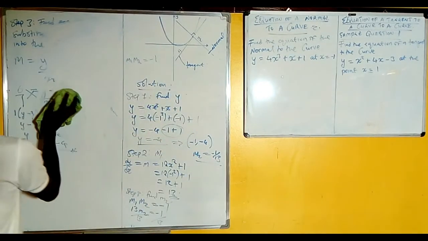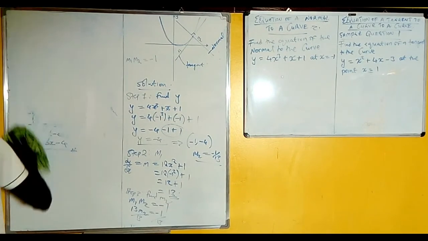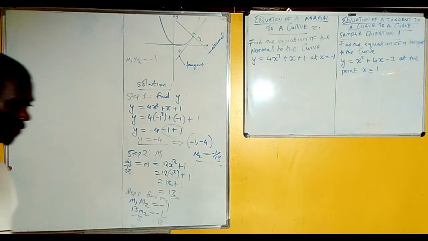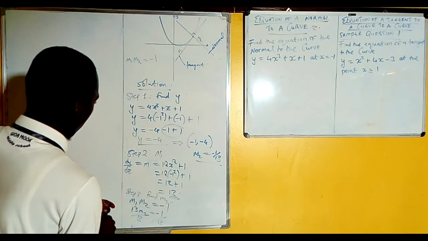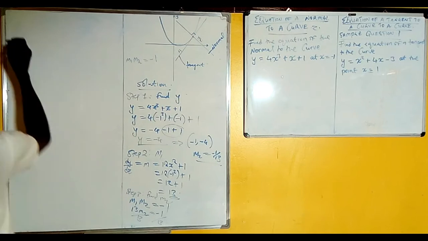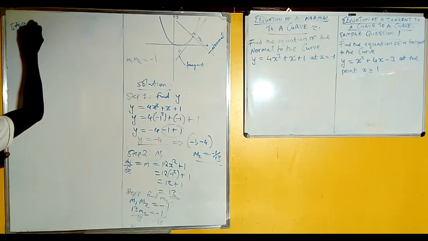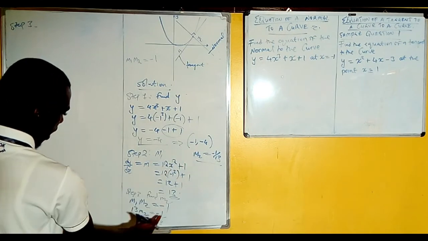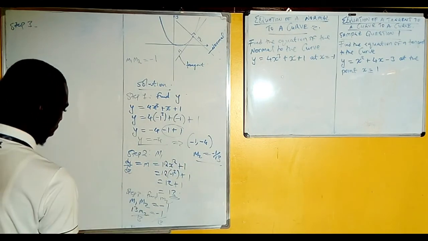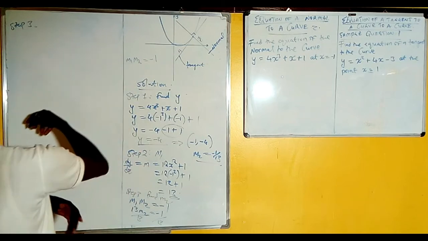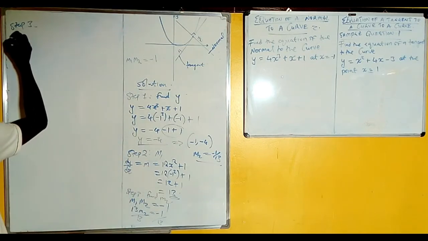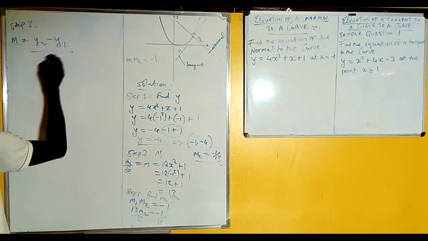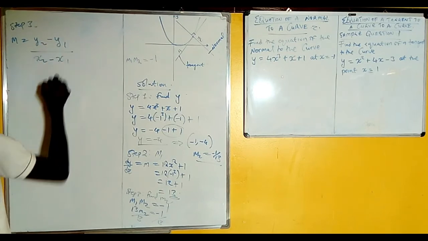Okay, so in the next step, we are going to substitute what we have found. So we go to step 3. In step 3, now we have the coordinates, we have our gradient. So the next thing is to substitute into the equation like we did before. So the equation is m is equal to y2 minus y1 over x2 minus x1.